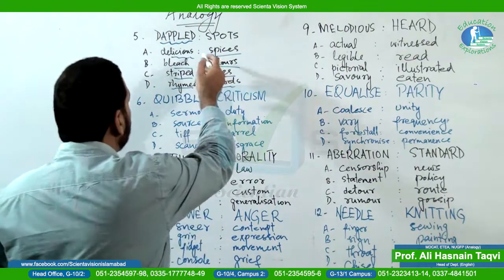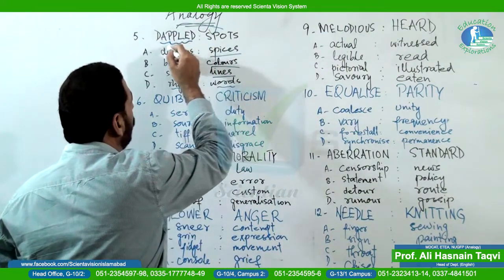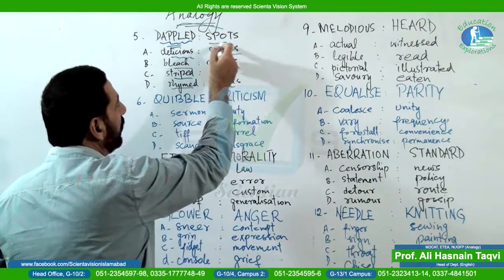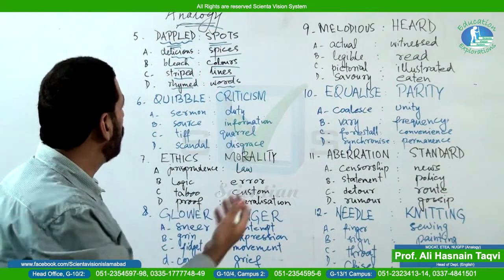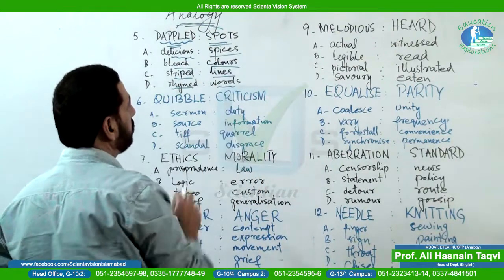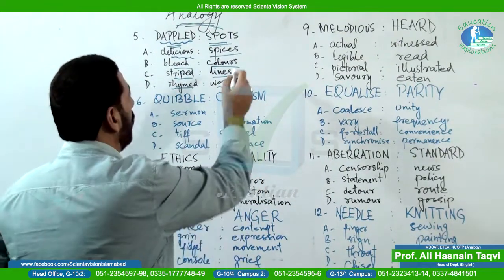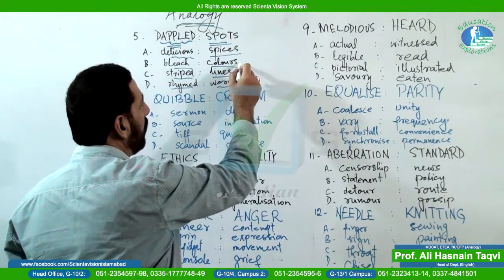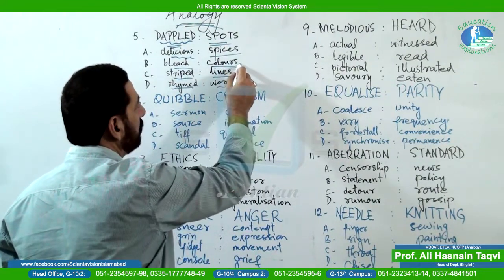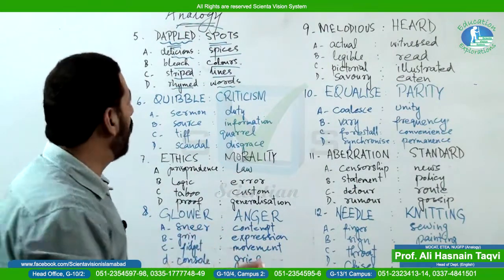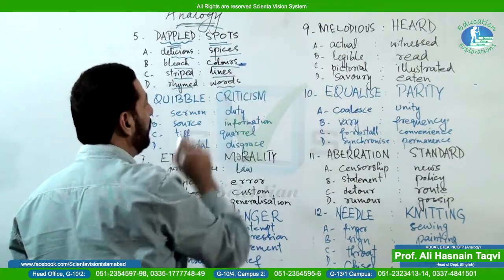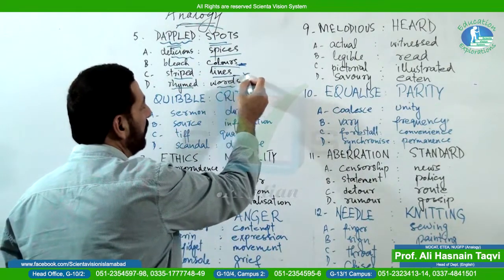Now, we see how dappled, without knowing the meanings of this word, we can get to know the likely option. See, spots you understand. Spice has nothing to do with spots. Colors of different kind could generate spots, but let's say a little likely. Lines, yes, definitely likely.